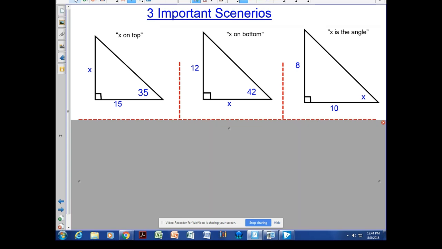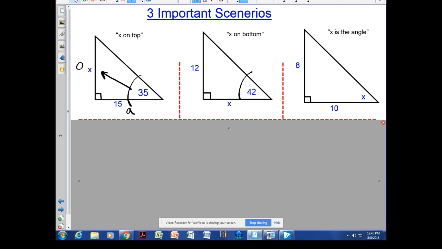If you set up each of these problems and discovered that each one of these problems is a tangent problem, you are absolutely correct. Here's your angle, here is your O, and here was your A. With an O and an A, it's a tangent problem.